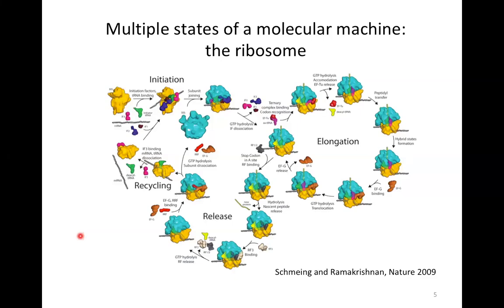The elongation is a cyclic process. This gives you an idea about how gigantic the program of structural biology is, because we want to characterize all the states that we see in this flow diagram, but we also want to understand the intermediate states that are not even shown here.